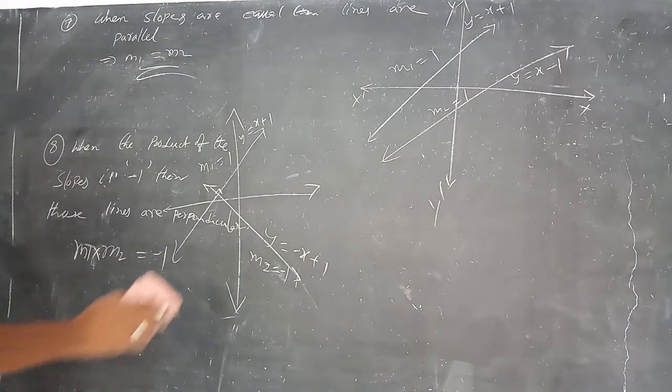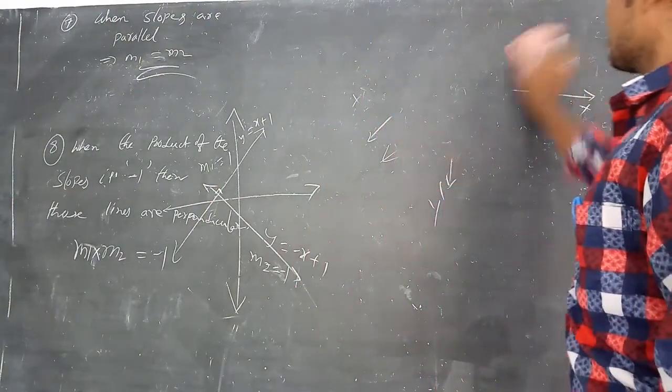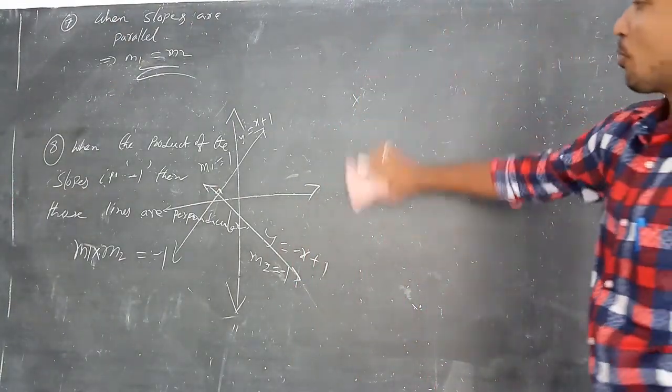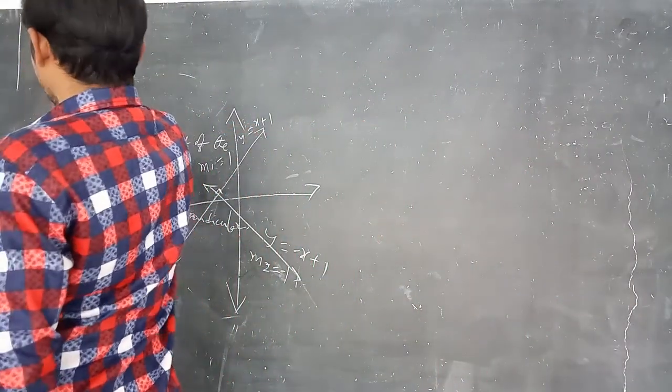Let us see a special case: a line which is passing through the origin and has slope m. Then the form of the equation.